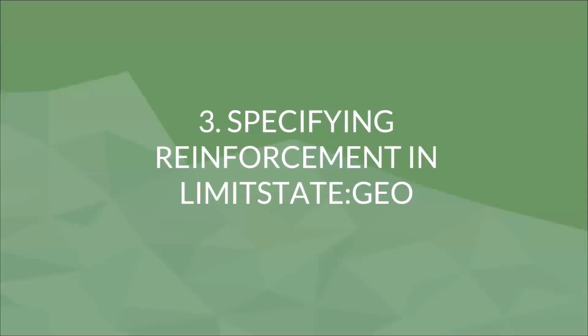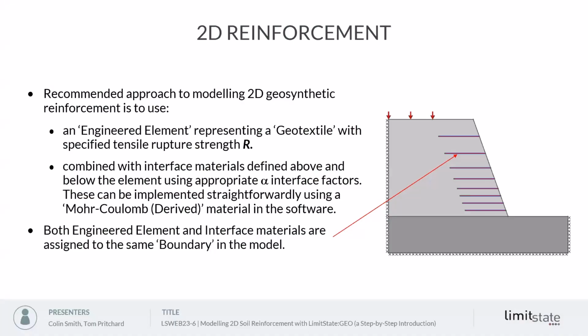So how do we specify those properties in the software? The recommended approach is to use what we call an engineering element in the software, and that can be used to represent geotextiles as well as soil nails and sheet pile walls, for example, with a specified tensile rupture strength R. And then we combine that with interface materials above and below the element, which allow us to use those alpha factors.